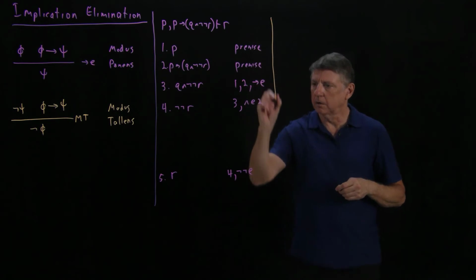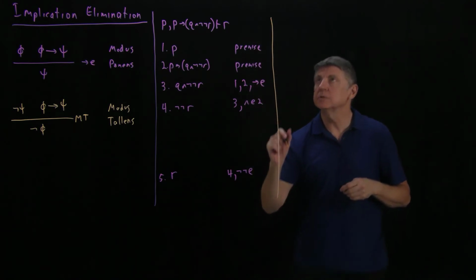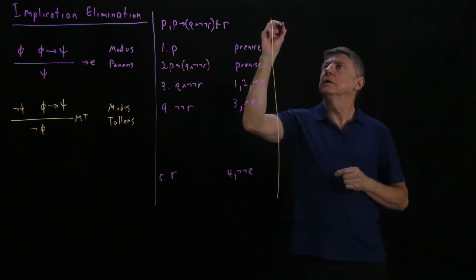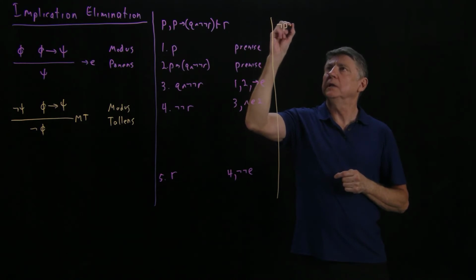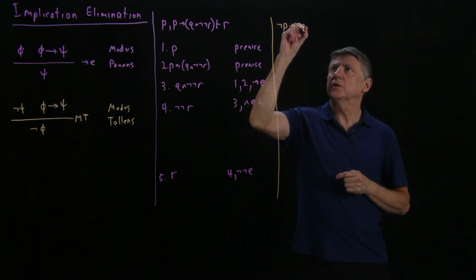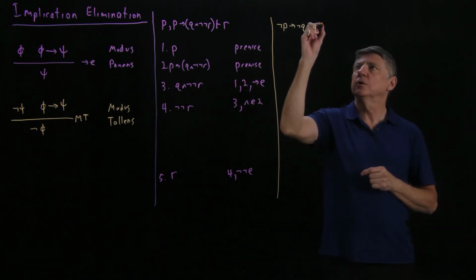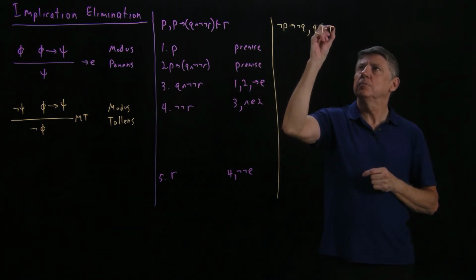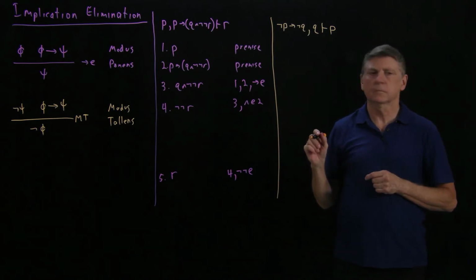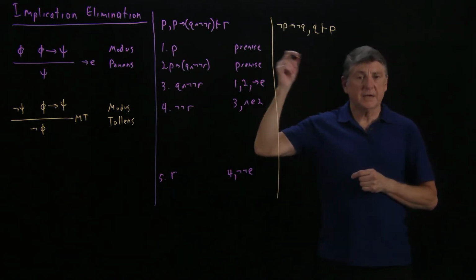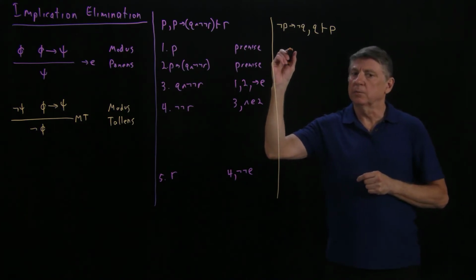Suppose that we are given as premises that not P implies not Q, and that Q is true, and we want to conclude that P is true. We begin, as always, by writing down what our premises are.